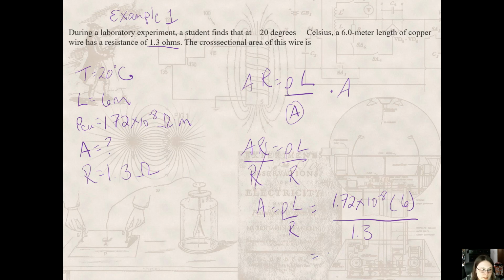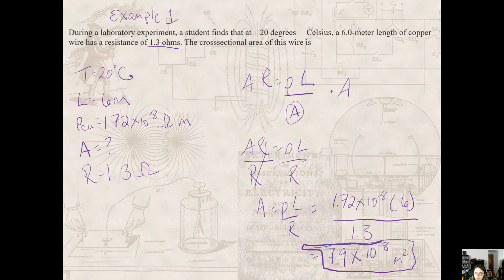And we get 7.9 times 10 to the minus 8th meters squared. Okay, so it's 7.8 times 10 to the minus 8th meters squared.